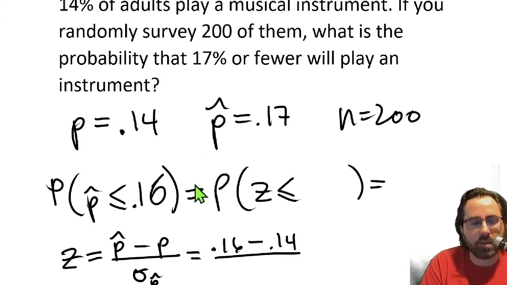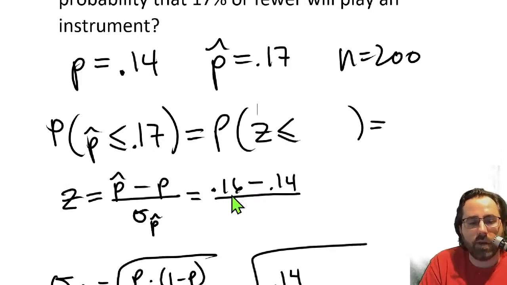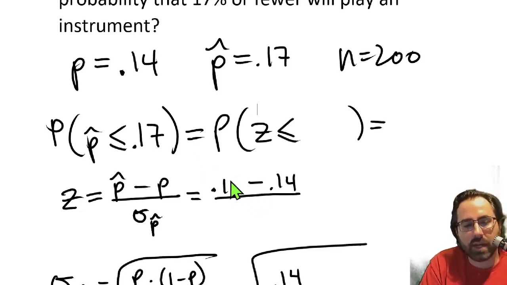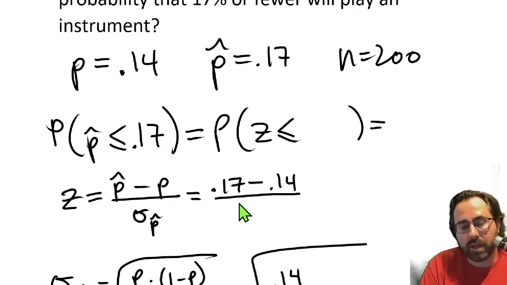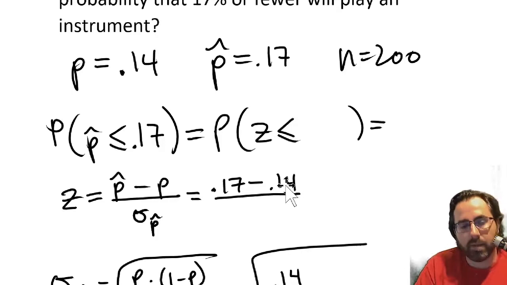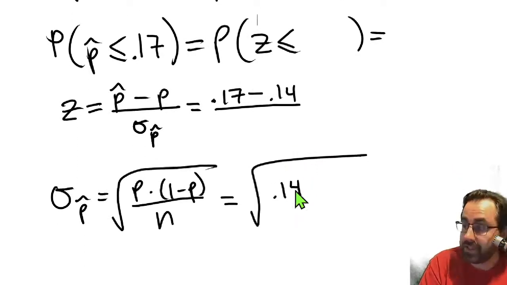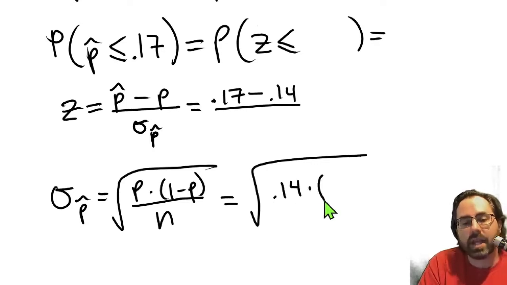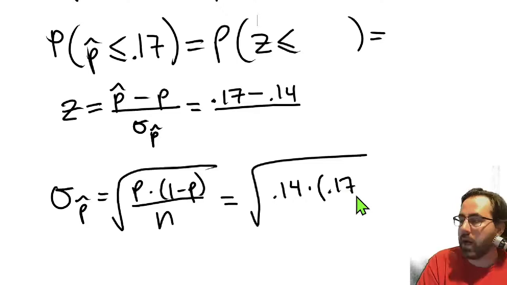All right, so this is 0.17, and this is also 0.17. So what's the chance of getting 17% or fewer adults who play an instrument if the chance of somebody playing an instrument is 14%? So let's do it. It's 0.14, that's the chance of success, times the chance of failure. Now, be careful, don't just put 0.17. That's a noob mistake.